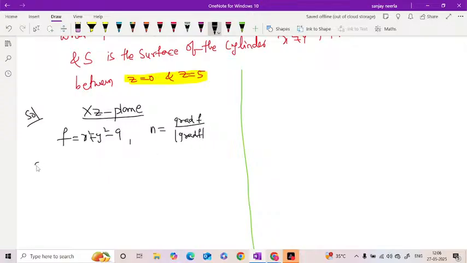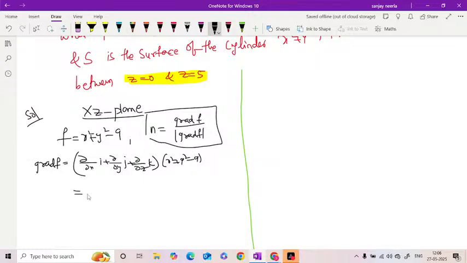First of all, find the gradient of f: dou by dou x i plus dou by dou y j plus dou by dou z k applied to x square plus y square minus 9. After simplification, we will get 2x i plus 2y j. So this is the gradient of f.